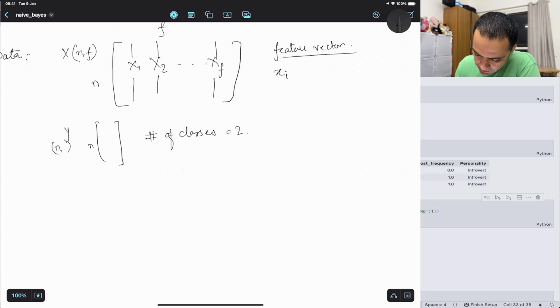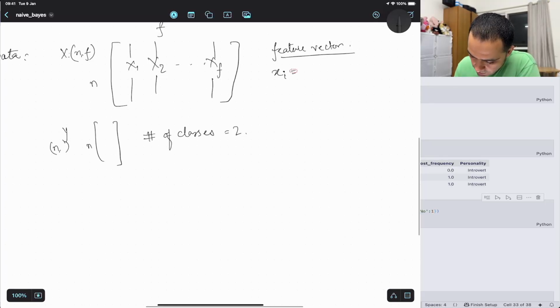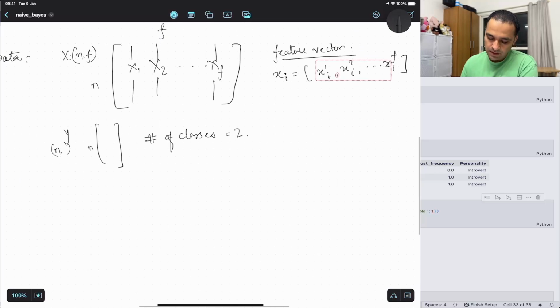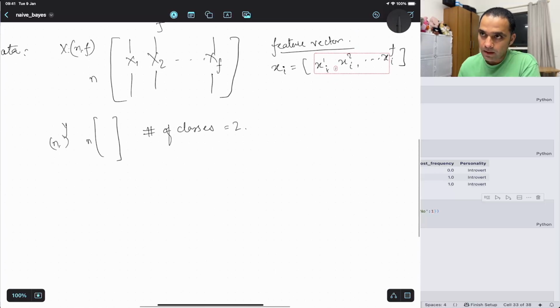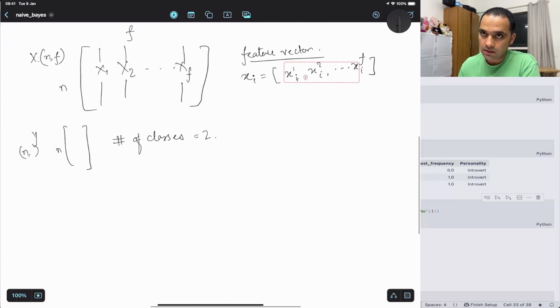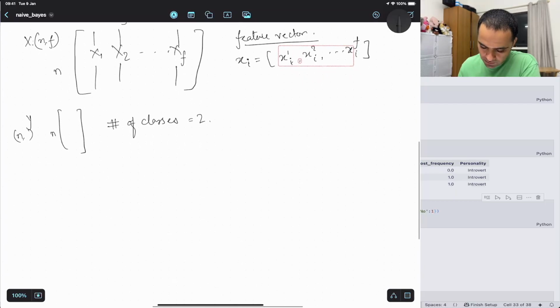Say the ith sample in the data X is nothing but a set of x1i, x2i, xfi. This is a feature vector. So these were some introductory notations we'll use.